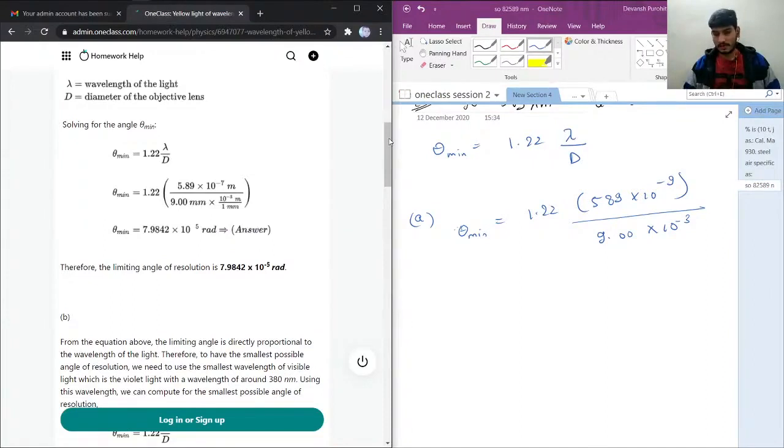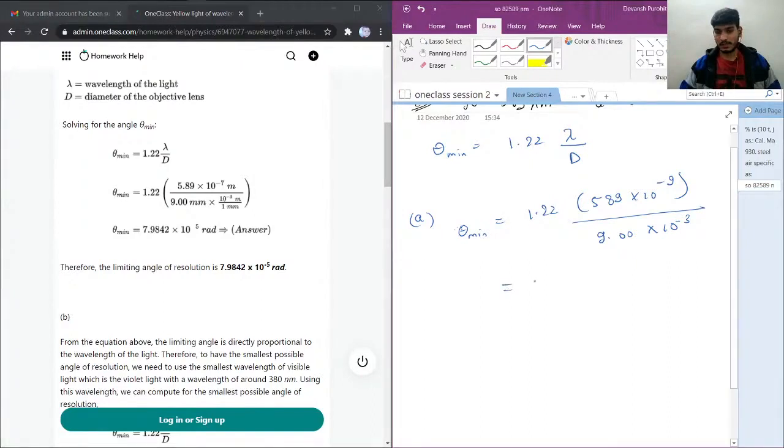So 1.22 times 589 times 10 power negative 9, divided by 9 times 10 power negative 3.